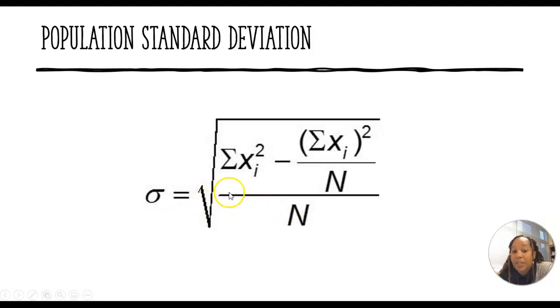So if it's the population, you'll divide by the full number in the population. If it's the sample, you'll divide by n minus 1, the sample size minus 1, okay? Those are just a few symbols I wanted to point out that I did not point out before. So make sure you jot those down on your notes.